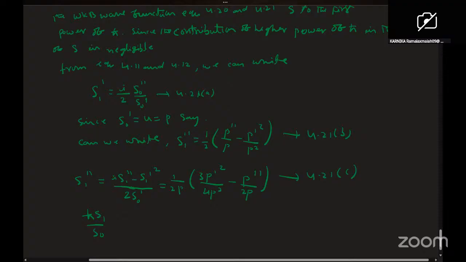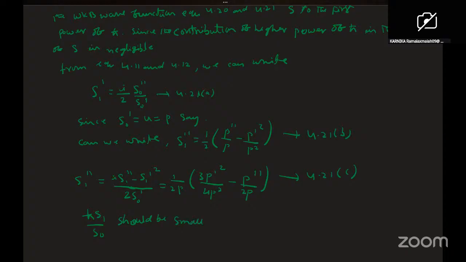It should be small if h dot S1 dash by S naught dash is small, since S naught is a monotonic increasing function of x.